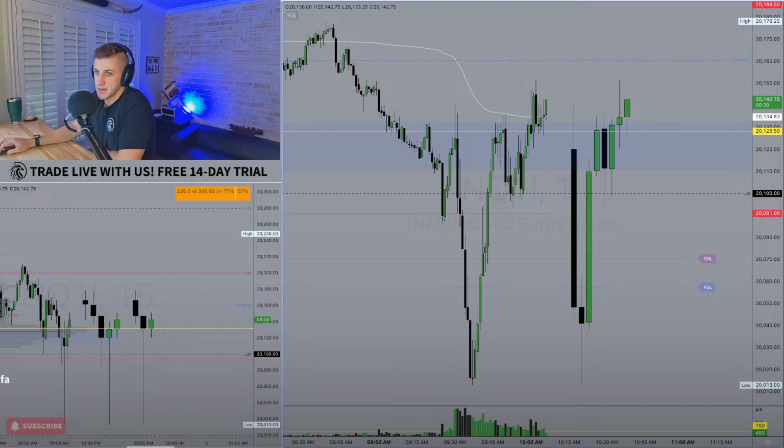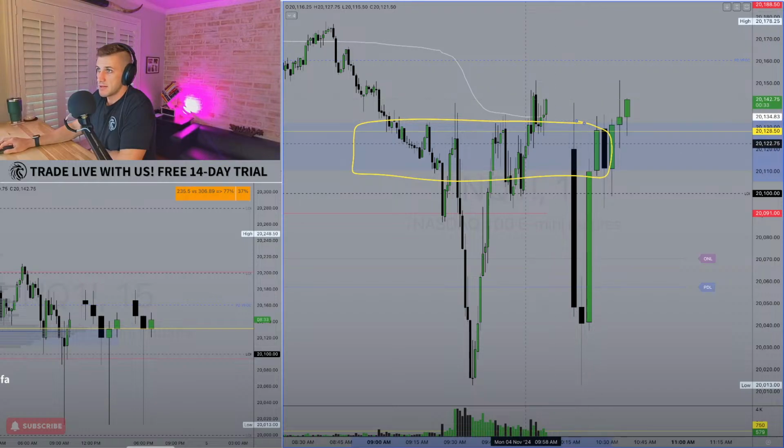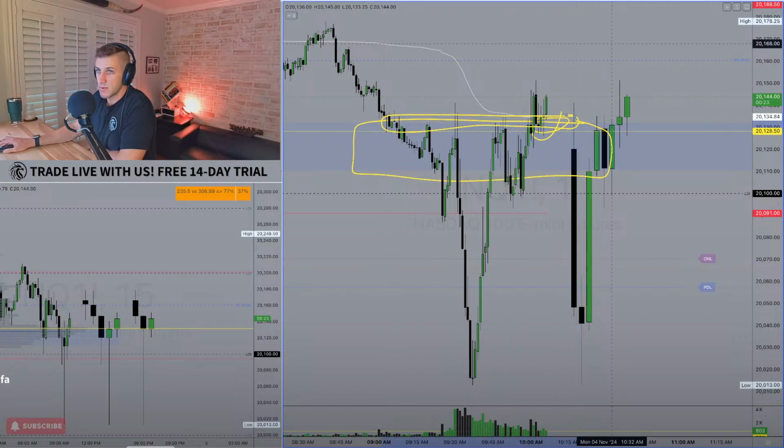As of right now, just continuing to focus on how price responds to this area right through here. Buyers trying to force another higher low here right at VWAP, session volume point of control. Prior area of intraday resistance right through there as well.